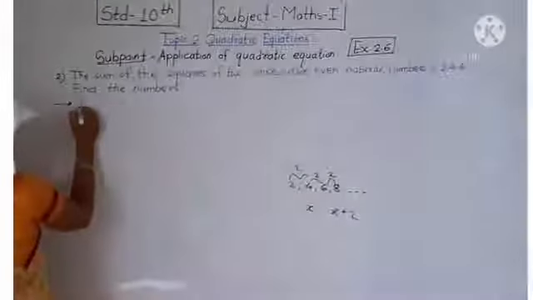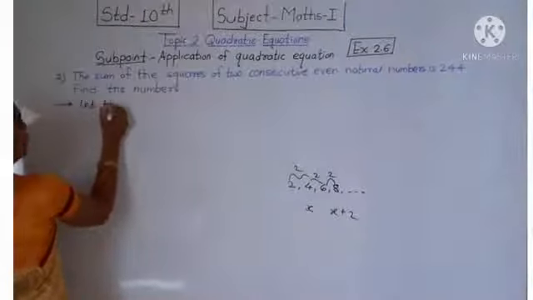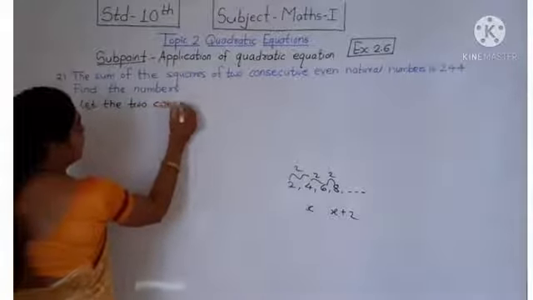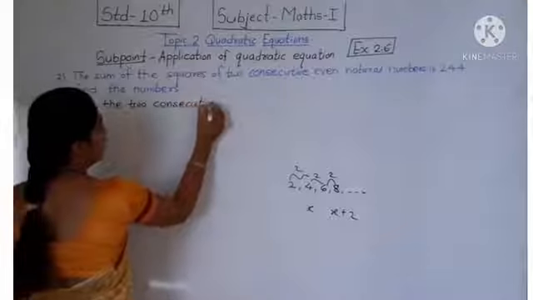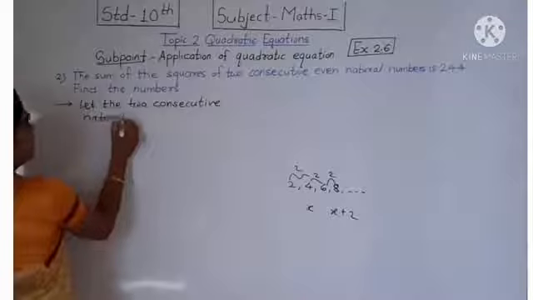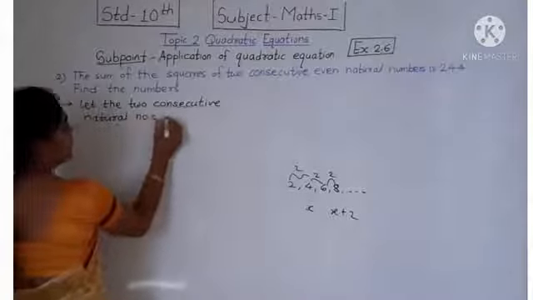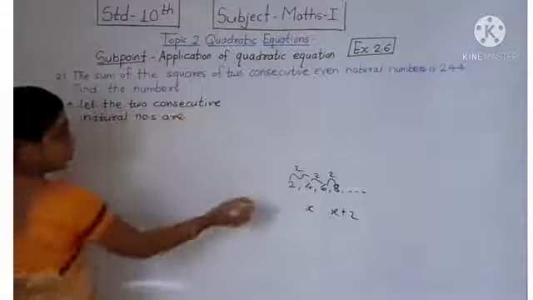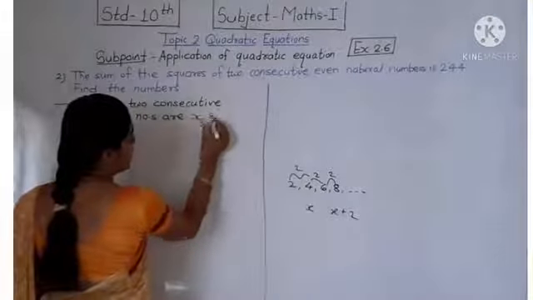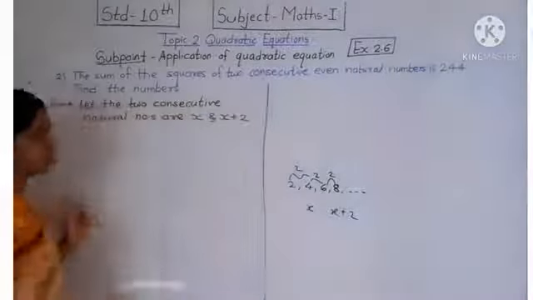So let the two consecutive natural numbers be x and x plus 2.